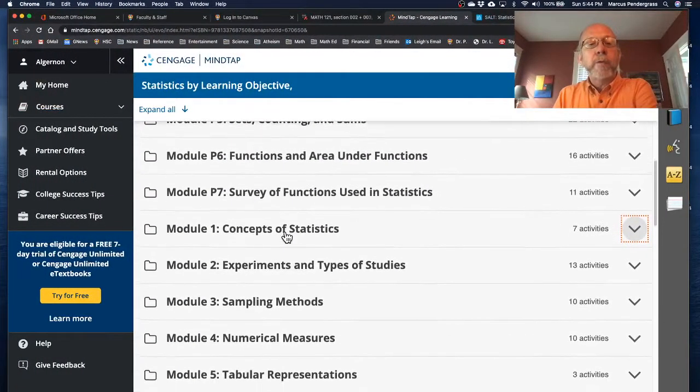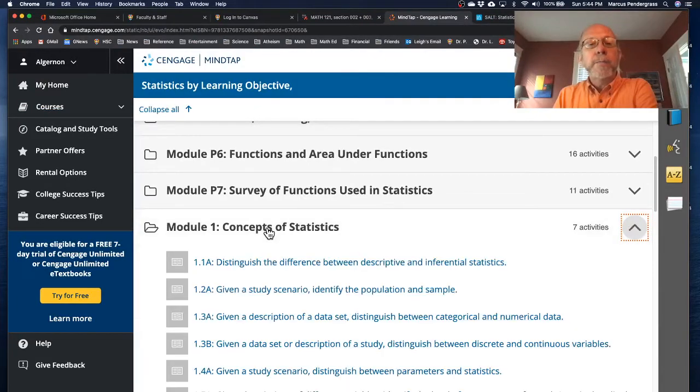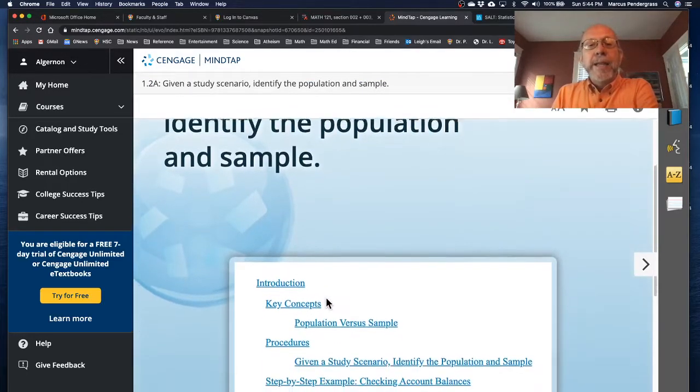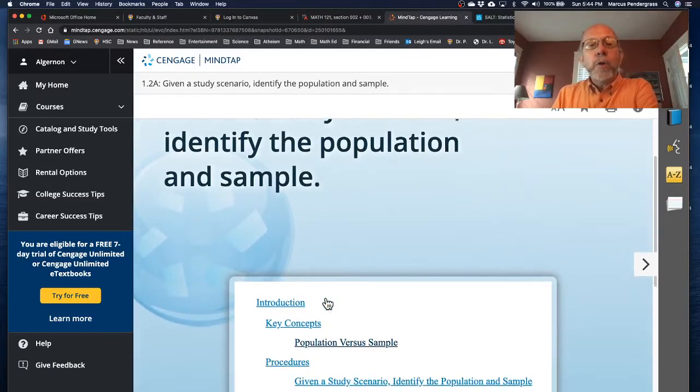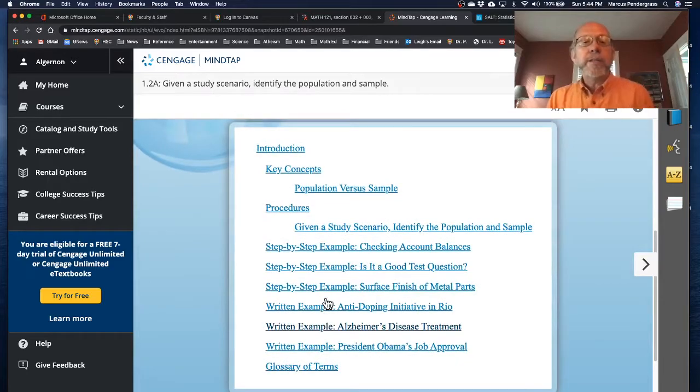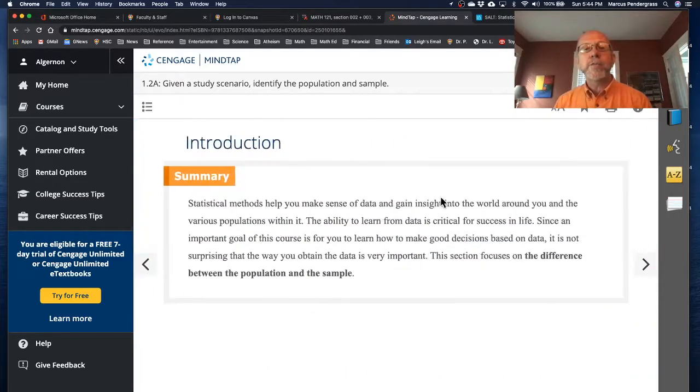Again, I'll scroll down to Module 1, Concepts of Statistics, and let's pop open section 1.2a. And so here we're going to understand the distinction and how to make it between population and sample. And as you might imagine, the format is sort of the same as we've seen.